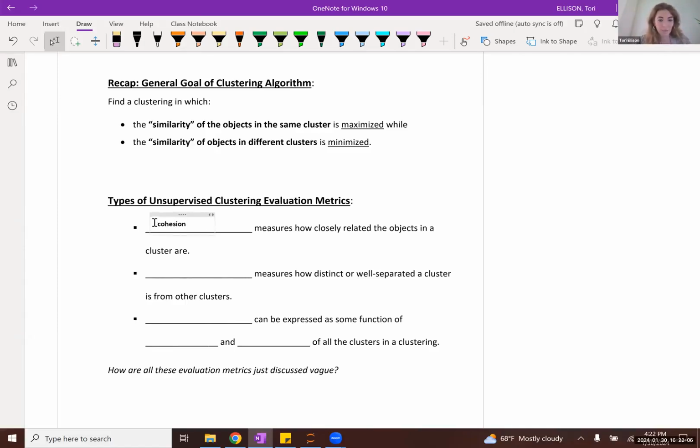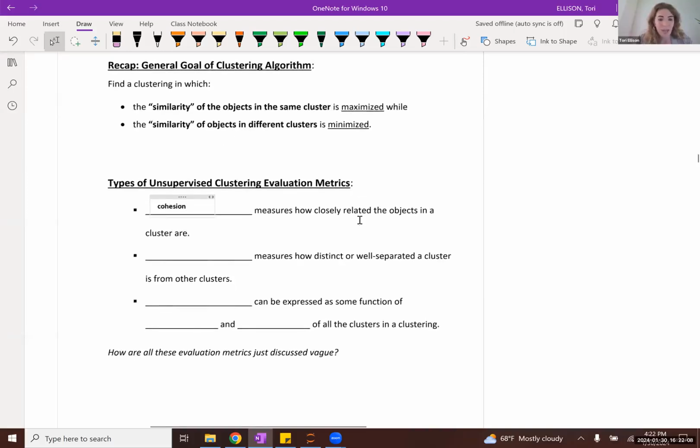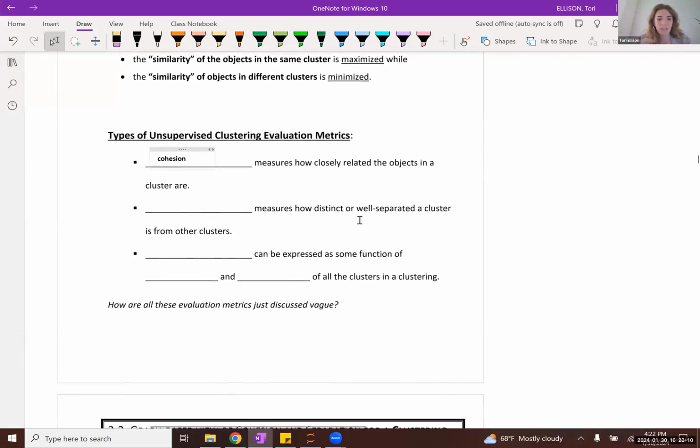of a given cluster as measuring how closely related or how similar the objects in a given cluster are. And we define separation as measuring how distinct or well separated the observations in two clusters are from each other.